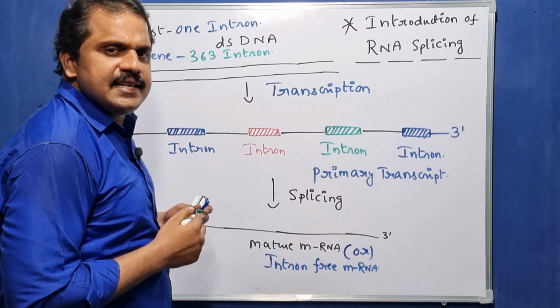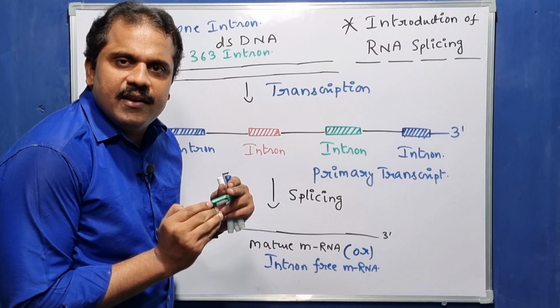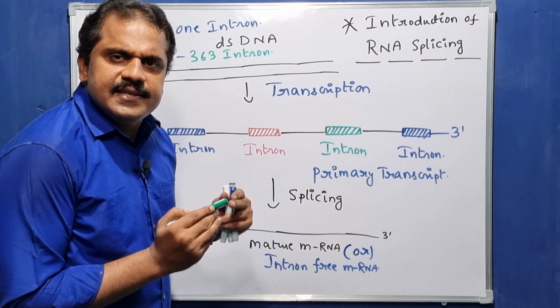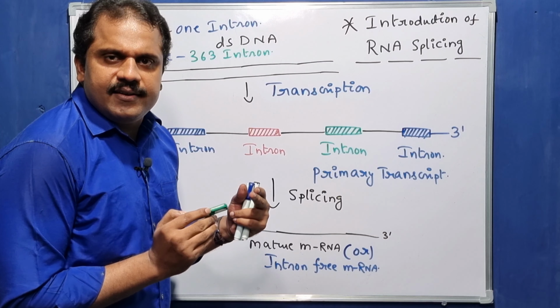Even the size of the intron varies from one organism to another. As the genome complexity increases, the size of the introns also increases. Is it clear?